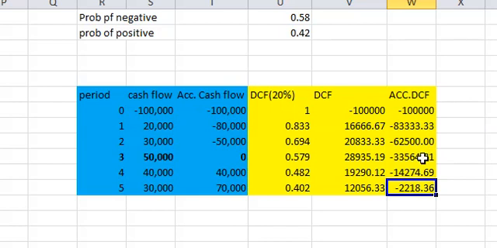So if you look at this, it means if you use the discounted payback period, this project can never pay back. In 5 years, it will not pay back. So you need to look at the other decision on what to do, because if you discount the cash flows, the project is not paying back. So that is how we use the discounted payback period.